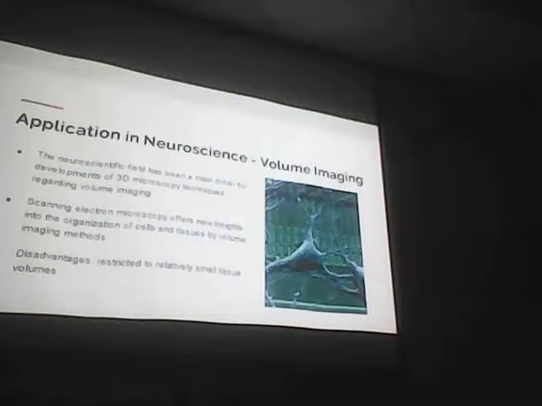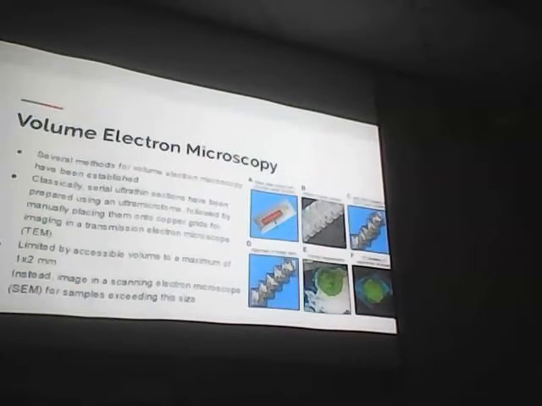And this disadvantage is restricted to relatively small tissue volumes.